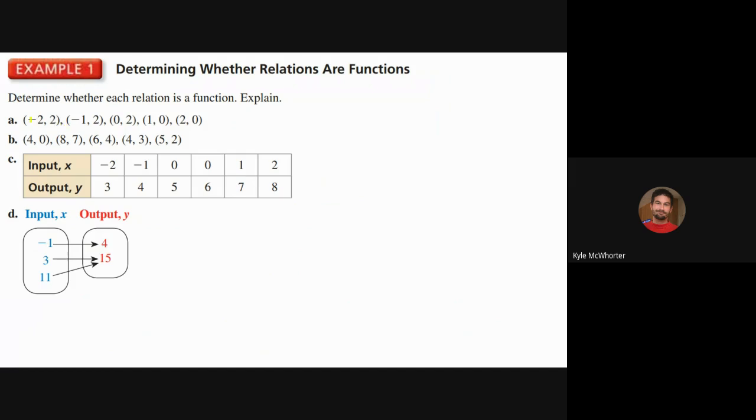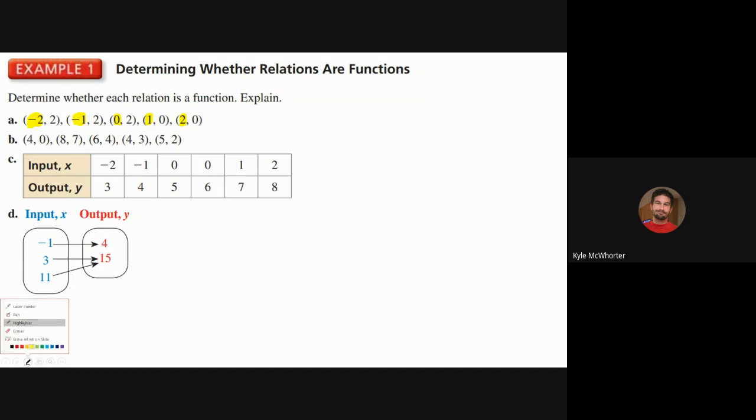So here are our inputs. We've got -2, -1, 0, 1, and 2. All of our inputs here are different, right? We don't have the same input showing up twice. So we don't even have the possibility for an input to be paired with two different outputs, right?